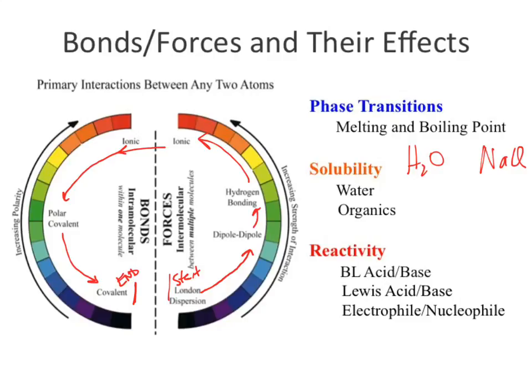If we're looking at multiple compounds, let's go with CH2, CH2, OH versus ethanol, CH3, CH2, OH. Which one would we predict to be more soluble in water? Top or bottom? Top, because more like forces.